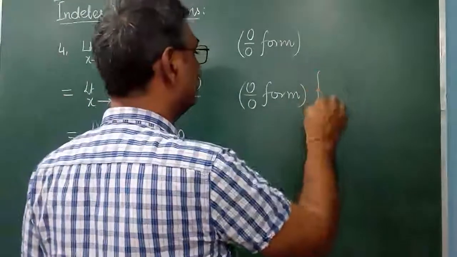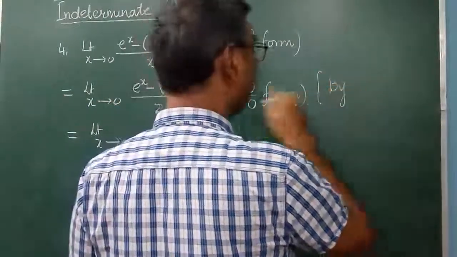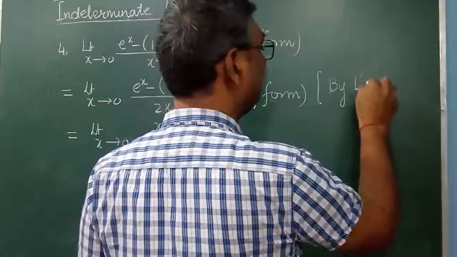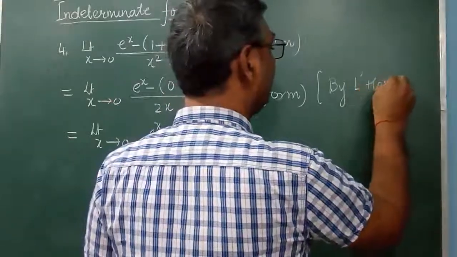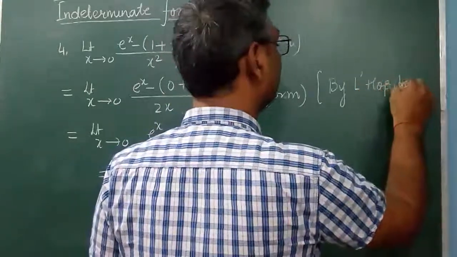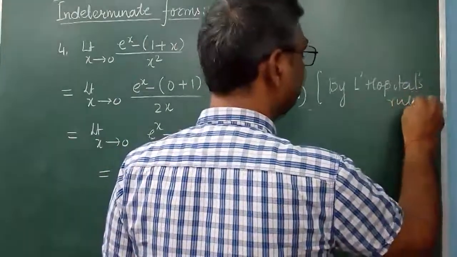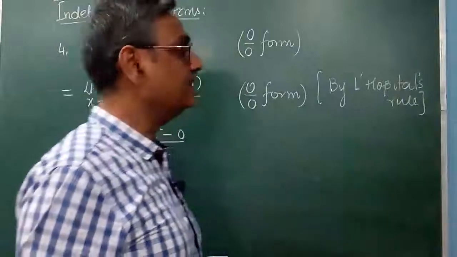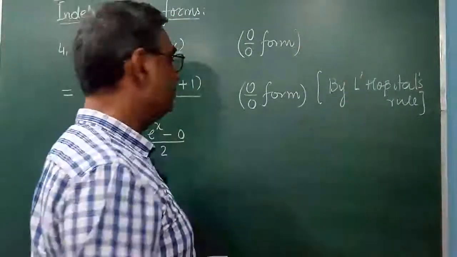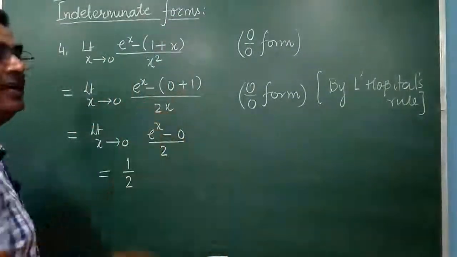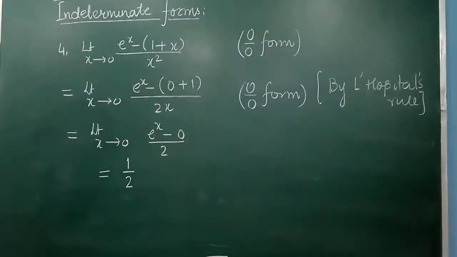When we are differentiating, we have to write by which rule, L'Hopital, this is very important, that you write by which rule you are differentiating the numerator and the denominator. So here we are getting the value 1 by 2.